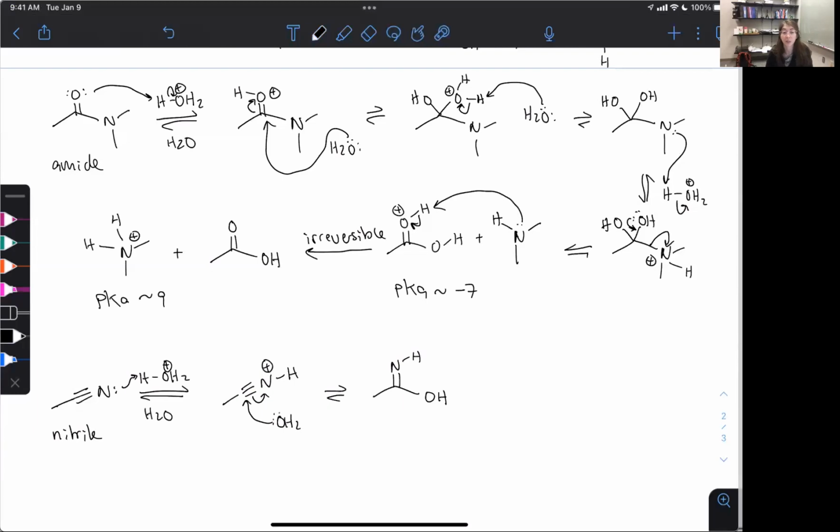Okay, so then we end up here. So we're already at a neutral intermediate, which is kind of interesting. Oh, actually, we're not. I lied. That's only because I drew it wrong. There we go. Okay, so now we can go through and do the same thing. We're going to deprotonate first.